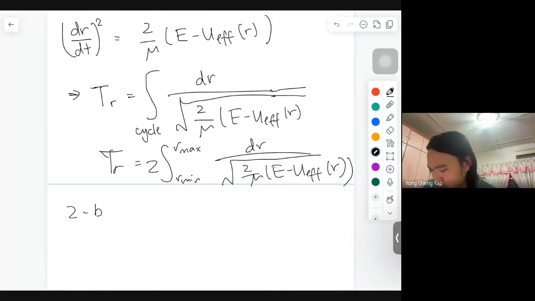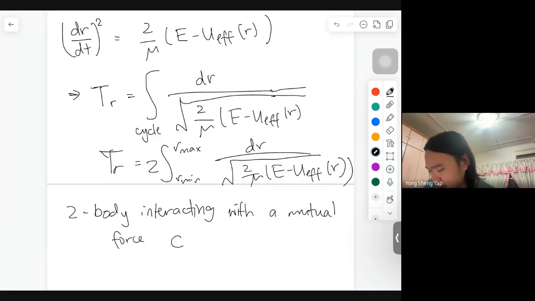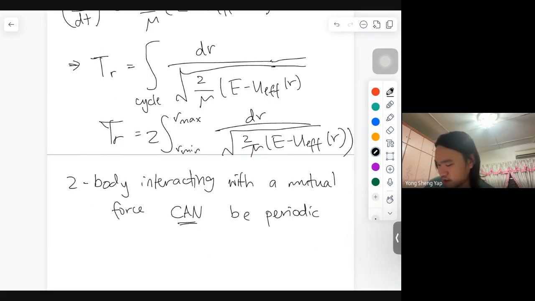So two bodies interacting with mutual force can be periodic in separation.